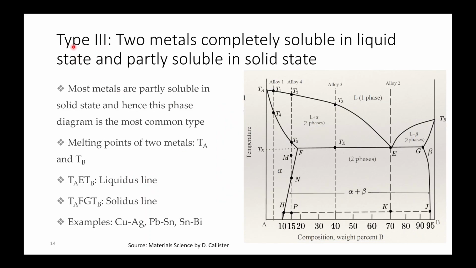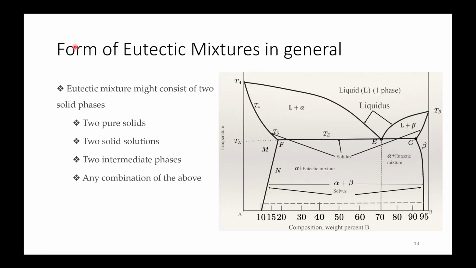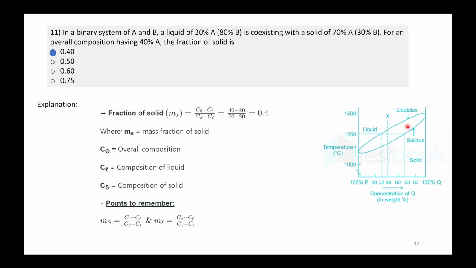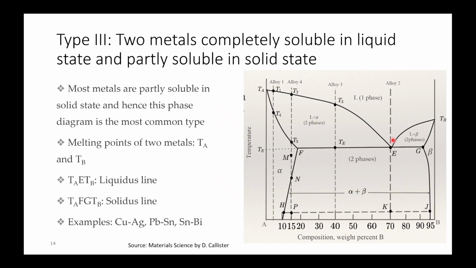Now this is type 3. In the previous chapter we studied type 1, which was the isomorphous type of system, which had this type of graph, and type 2 had complete solid solubility, where pure solids were forming a eutectic mixture. In this case we'll have solid solutions forming at the terminals, which will form a eutectic mixture.